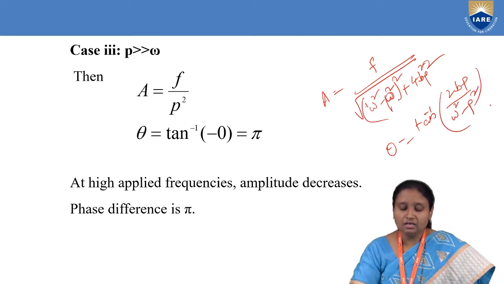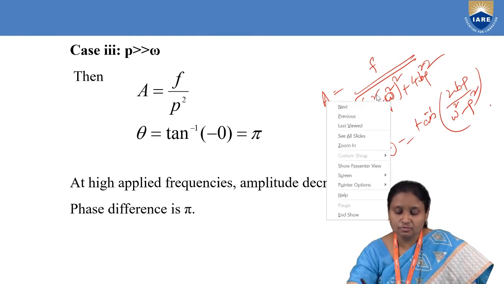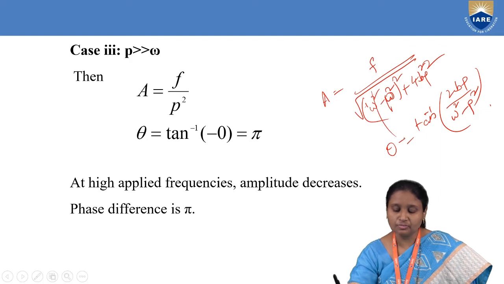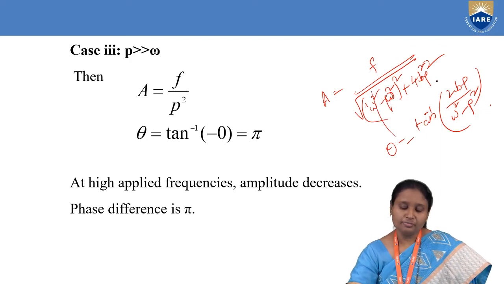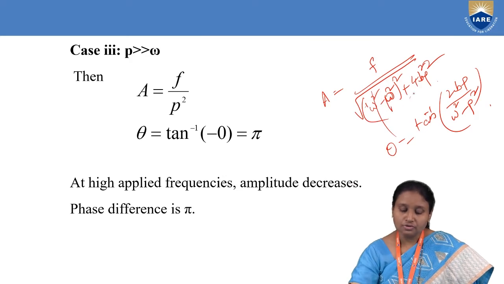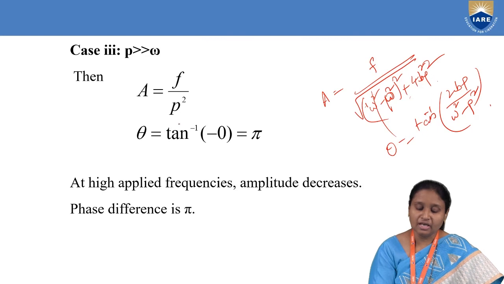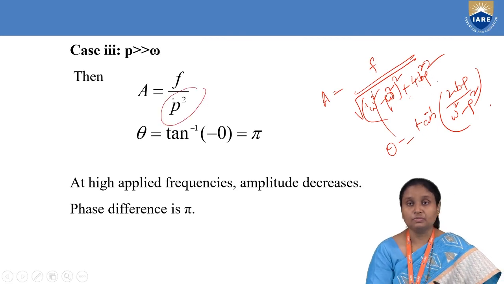And here our p is very, very large, so I can neglect this omega. So here I have p square, and here I have p to the power of 4. So ultimately you end up having this as F by p square.